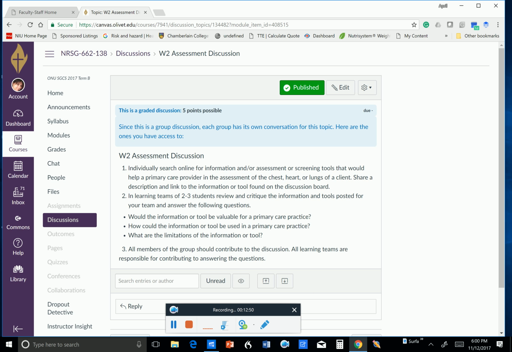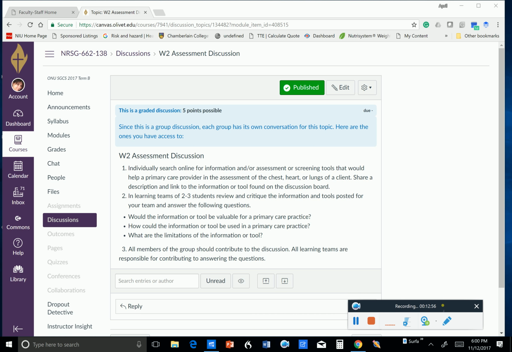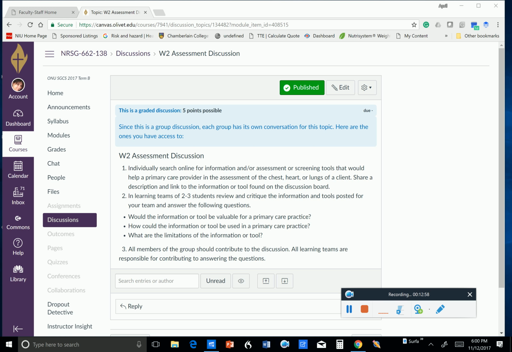All right, now our discussion for this week. There was a lot of confusion with discussions last week, and so I have 2 sections of the class, and the 2 sections are doing them differently. One section is going to be using the discussion groups, and the other section is not.